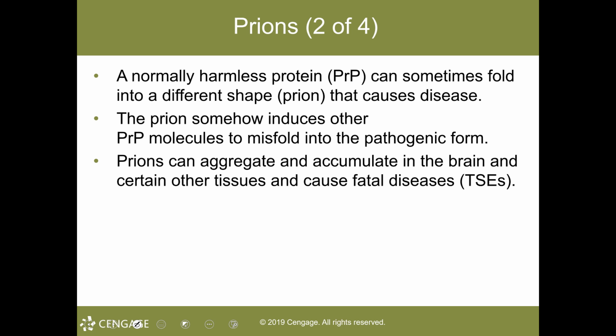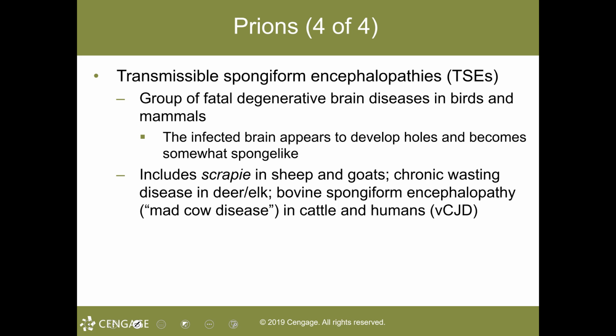The harmless protein PrP can sometimes fold into a new, different shape, the prion, and cause disease. It's prions that aggregate and accumulate in the brain and other tissues that cause those fatal diseases.